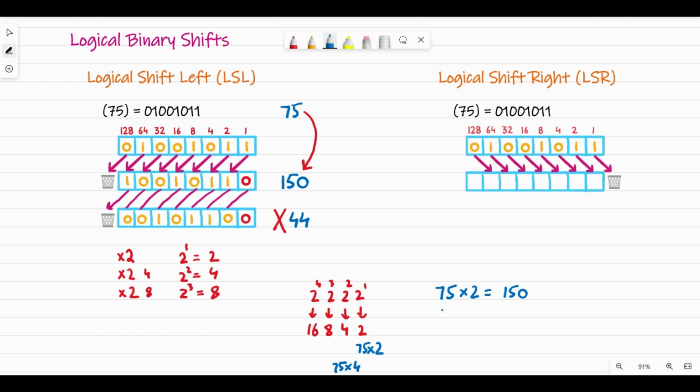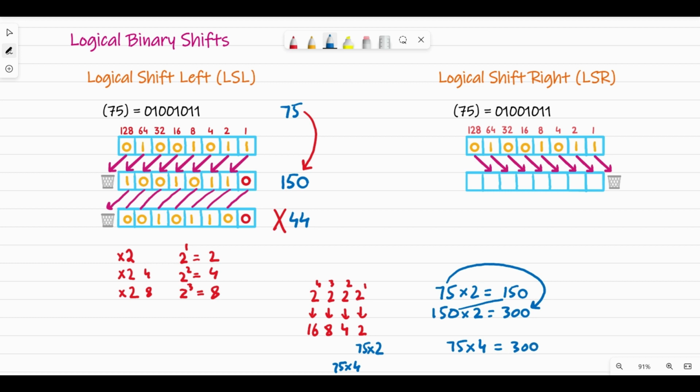Then the second left shift will have an effect of 150 multiplied by 2, equal to 300. It could have given us that if we had 9 bits. So can I say that if we multiply 75 by 4, that is also equal to 300.